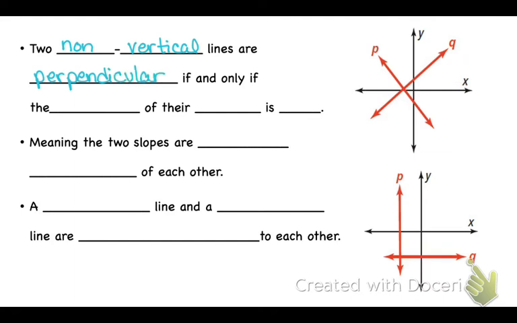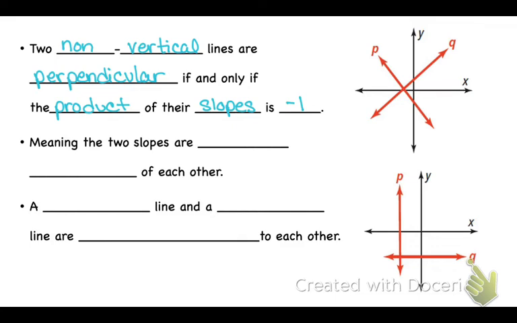If and only if the product of their slopes is -1. What does product mean? You multiply the two slopes and your product is -1.